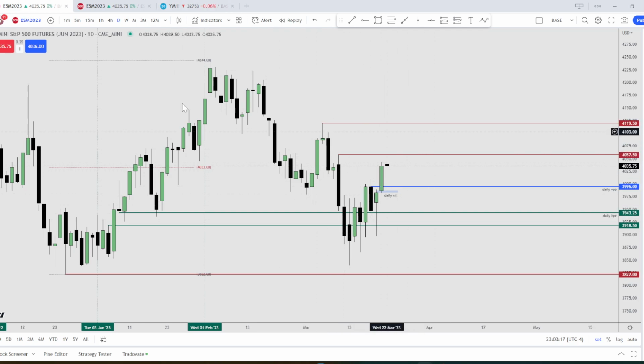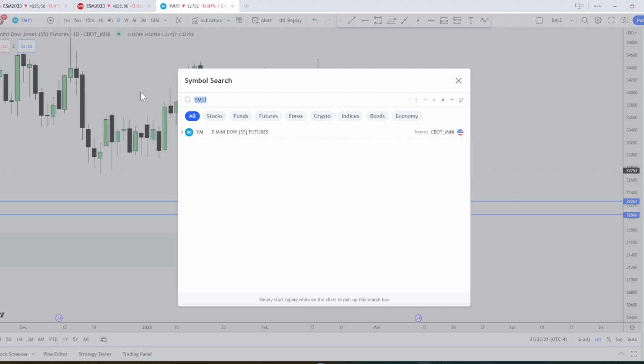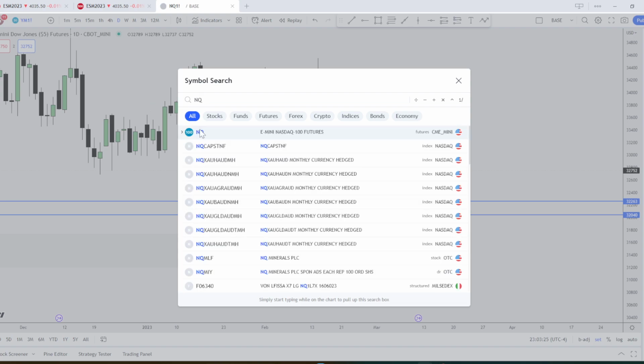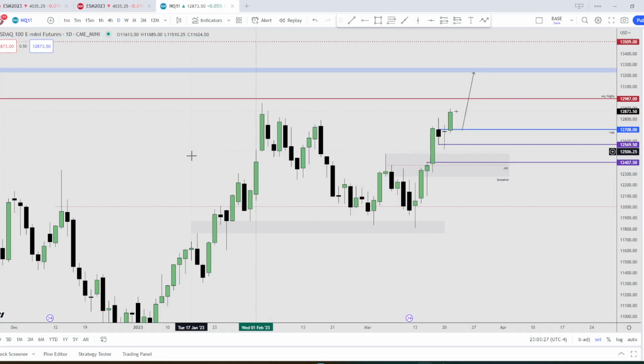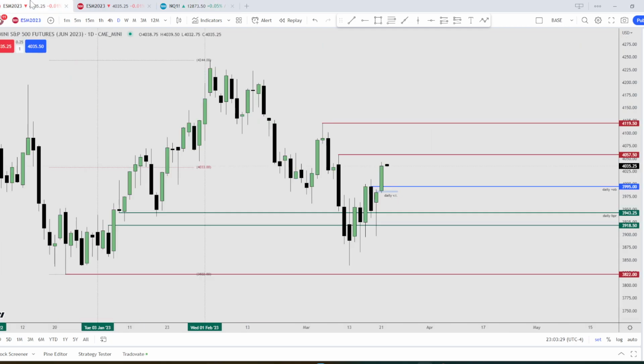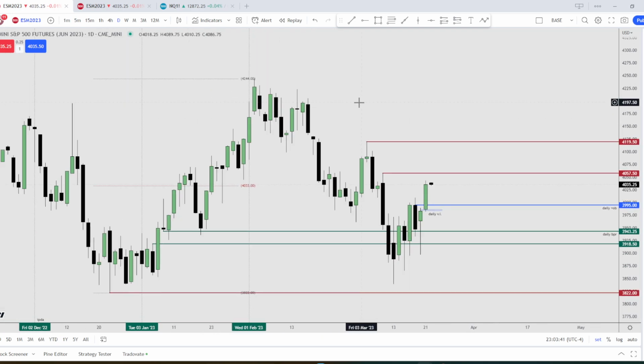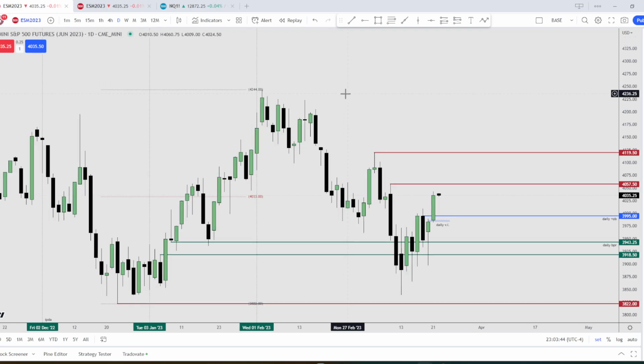Because ES right now is very weak as compared to Nasdaq, right? ES is very similar to Dow Jones, very weak as compared to Nasdaq. As you can see, Nasdaq is already approaching the highs in February, but ES is nowhere near these levels. So heading into April, I'm expecting some form of SMT whereby one of the indices fails to make a higher high.